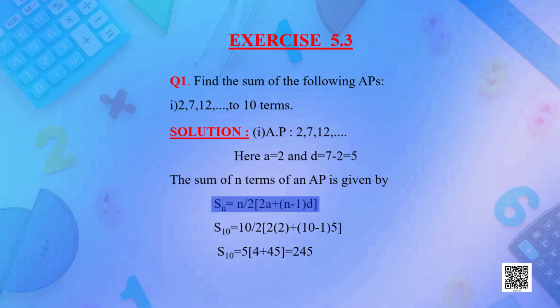S_n is equal to n upon 2 into (2a plus (n minus 1) into d). We are substituting the values. n is 10, so 10 upon 2 into (2 into 2 plus (10 minus 1) into 5), which on simplification gives us 5 into 49, that is 245. I hope you have understood, children. Let us go to the next part.